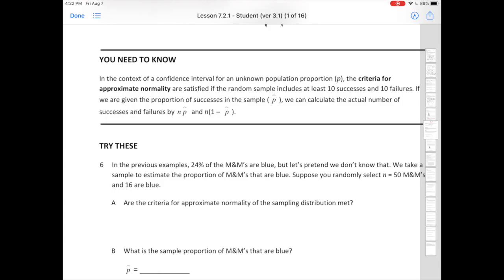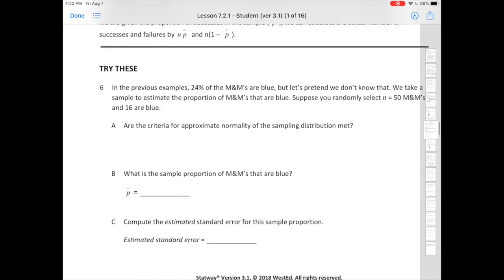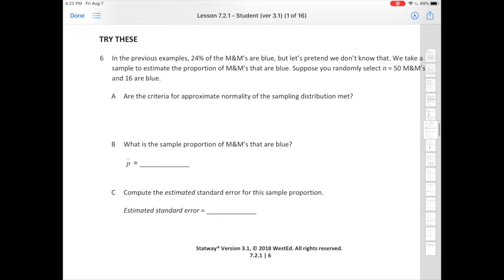So the point of this is that we need to choose our sample size big enough so that we have 10 successes and 10 failures, right? And so if they give us a sample and they tell us what's in it, we just have to look inside and count to make sure that there's at least 10 successes and at least 10 that are not a success.